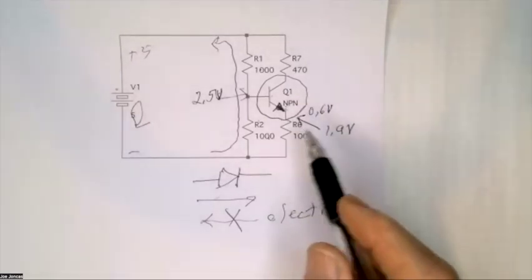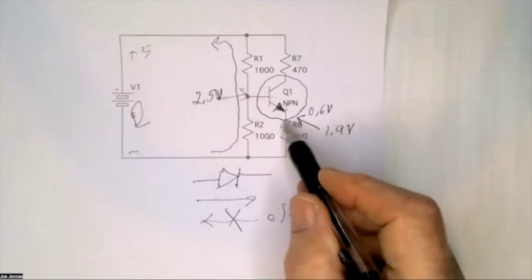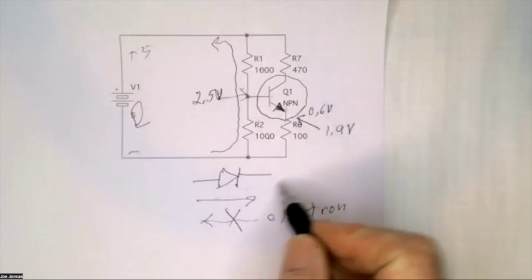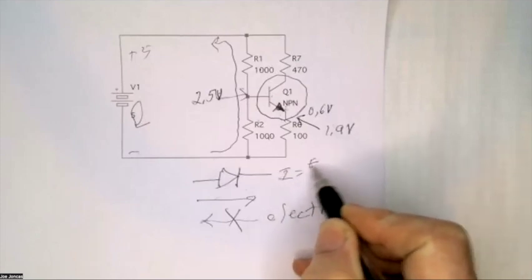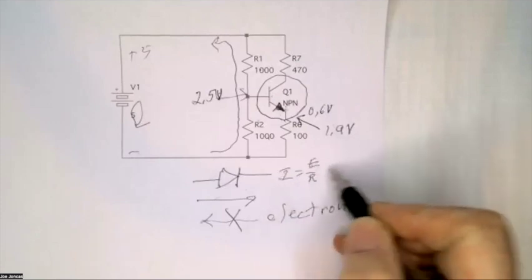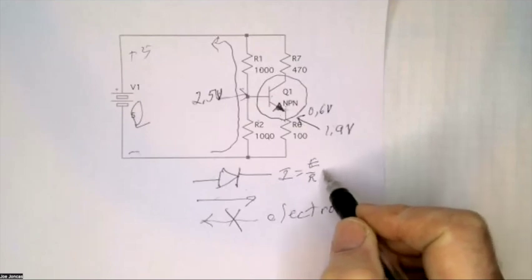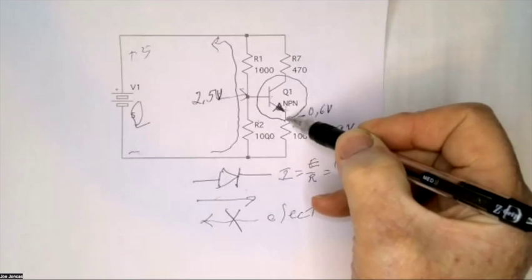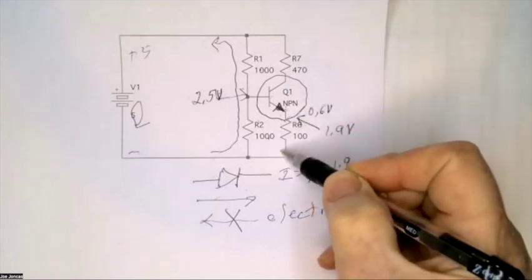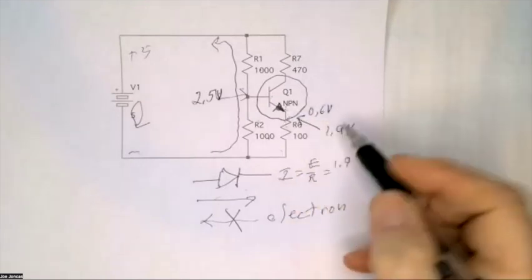Because this is a fixed voltage, let's see, I equals E over R, right? So we got 1.9 volts right here, 0 volts here, and 100 ohms.